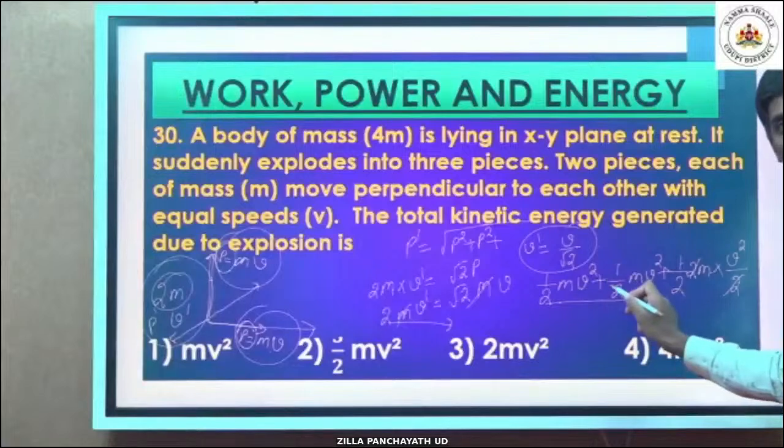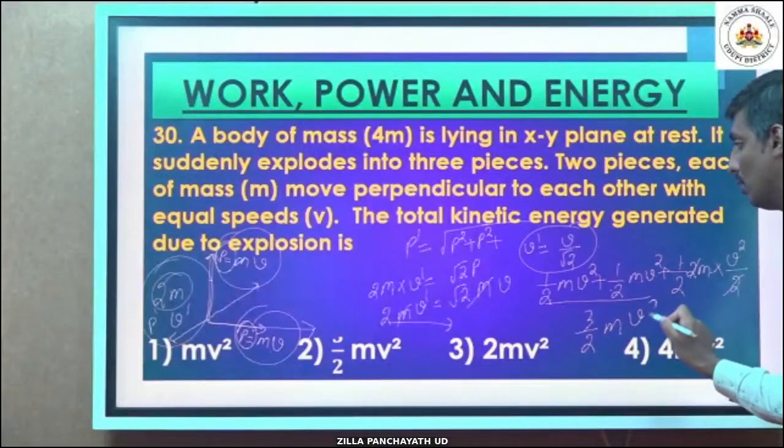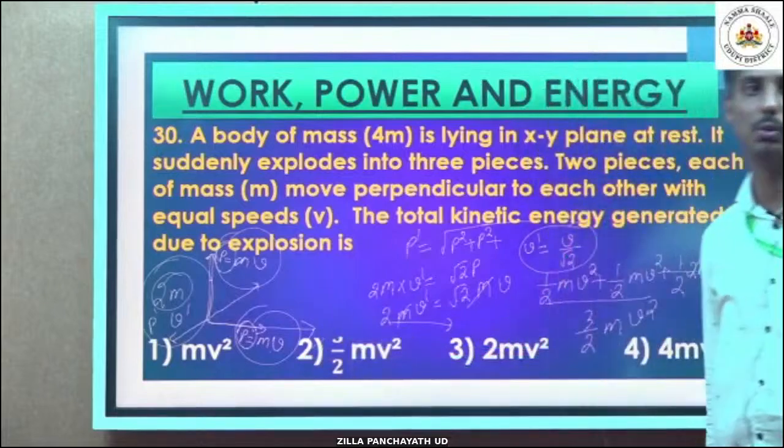So half mv square plus half mv square plus half mv square is nothing but 3/2 mv square. This is the option I skipped a little, it is option 2.